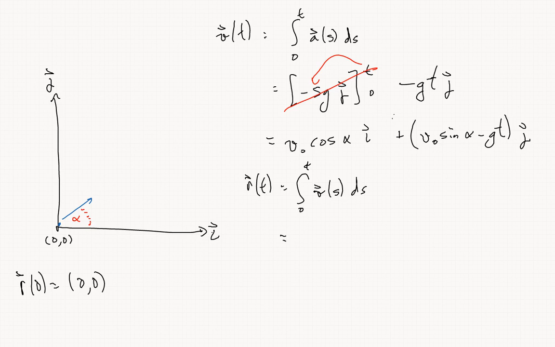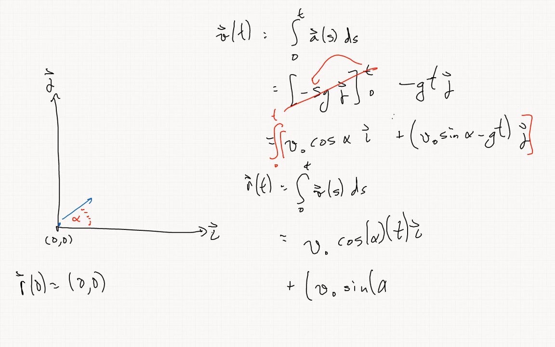The integral from 0 to t of v(s) ds, so that will be the integral from 0 to t of this, and that'll give us v0 cos alpha t i plus (v0 sine alpha t minus g t squared over 2) j.